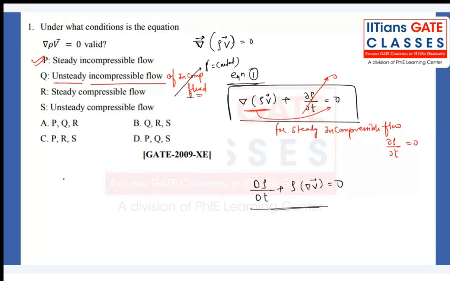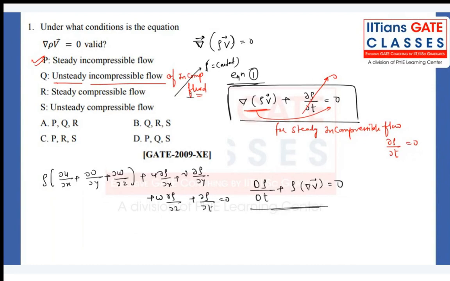See, what is my final equation? Rho into dou u by dou x plus dou v by dou y plus dou omega by dou z, plus u into dou rho by dou x plus v into dou rho by dou y plus omega into dou rho by dou z plus dou rho by dou t equal to 0.